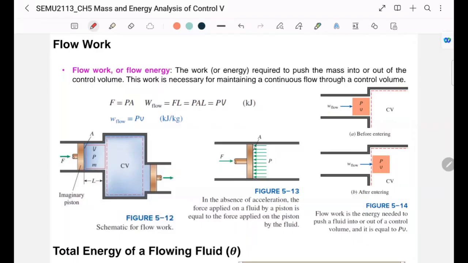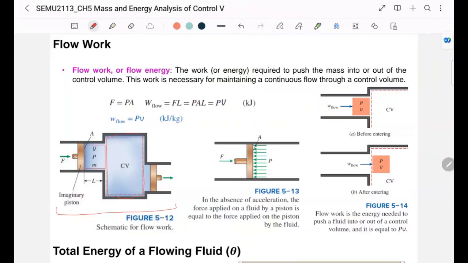Okay, right then. So how does a flow moving, is there any work involved? Okay, so you can imagine it like this. You have a control volume already in your system.